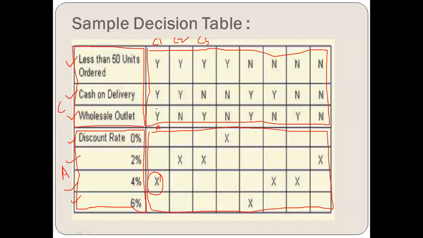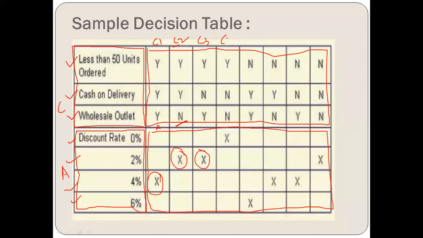Then condition second says that if the order is for less than 50 units and the cash on delivery is there, but the wholesale outlet is not chosen, then they are going to give the 2% discount. Third condition says that less than 50 units has been ordered, no cash on delivery, but wholesale outlet is selected, so it will be 2% discount again.